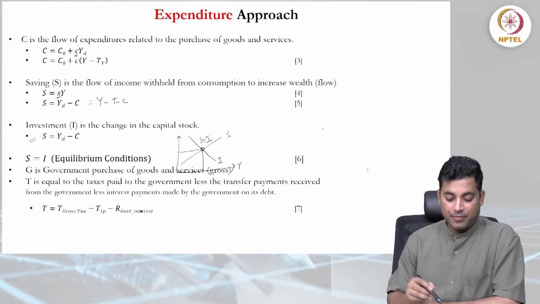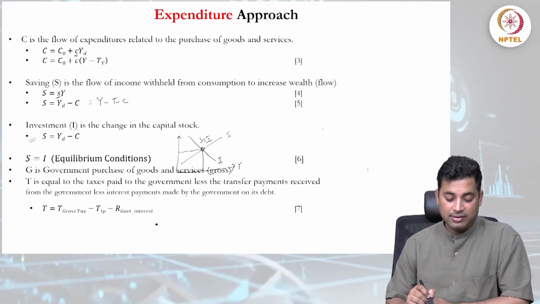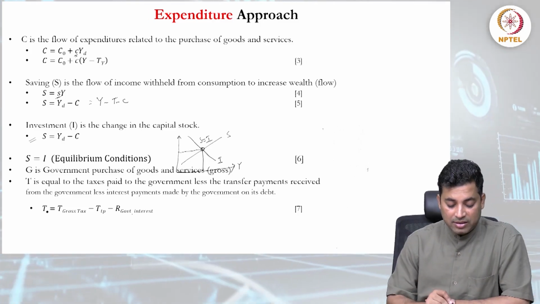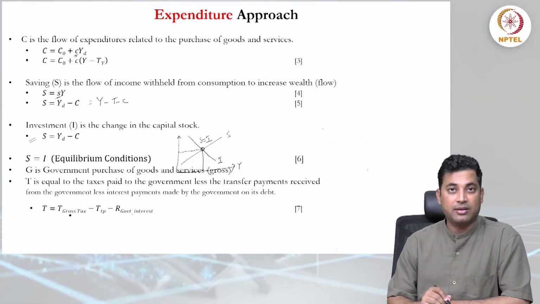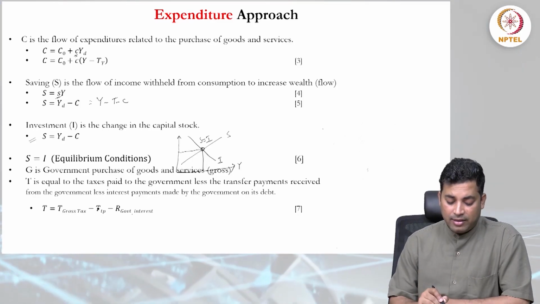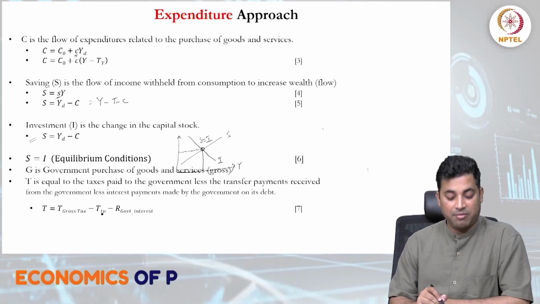Here, the taxes we are talking about, we will discuss in detail. Capital T is the total gross tax, the total revenue collected through tax. Small tp is the transfer payment.